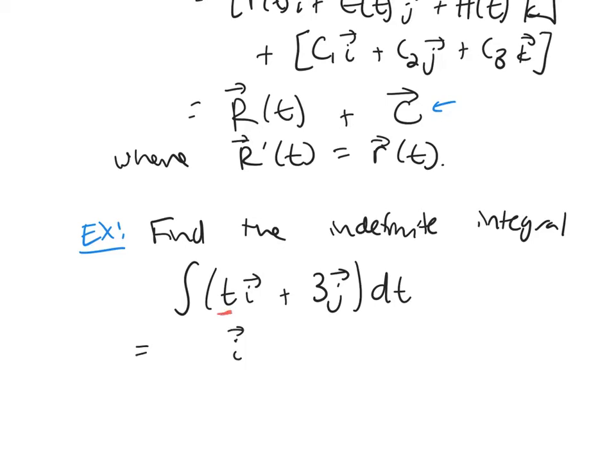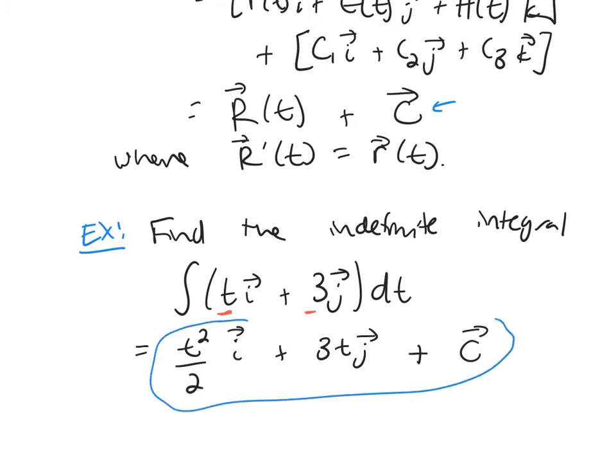The antiderivative of t is t squared over 2. Find the antiderivative of 3. That'll be 3t j. And again, usually before you would have written plus c, but now it'll be plus the vector c. And there's my indefinite integral.